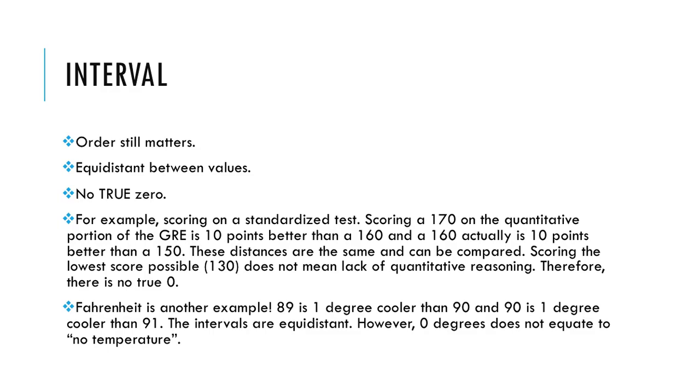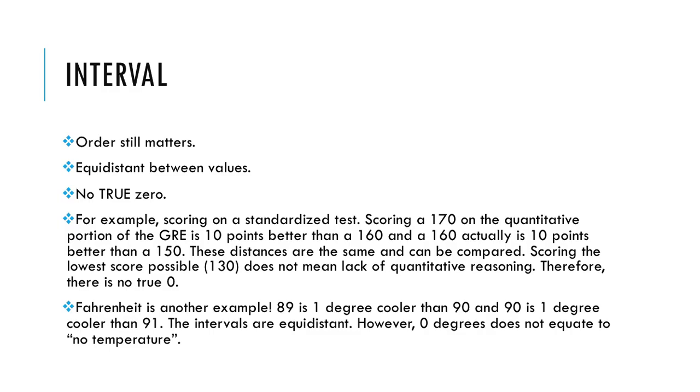If somebody scored a 160, they did 10 points worse than somebody who scored a 170. And if somebody scored a 150, they did 10 points worse than someone who scored a 160. So you can compare these, and the value is the same between these numbers.